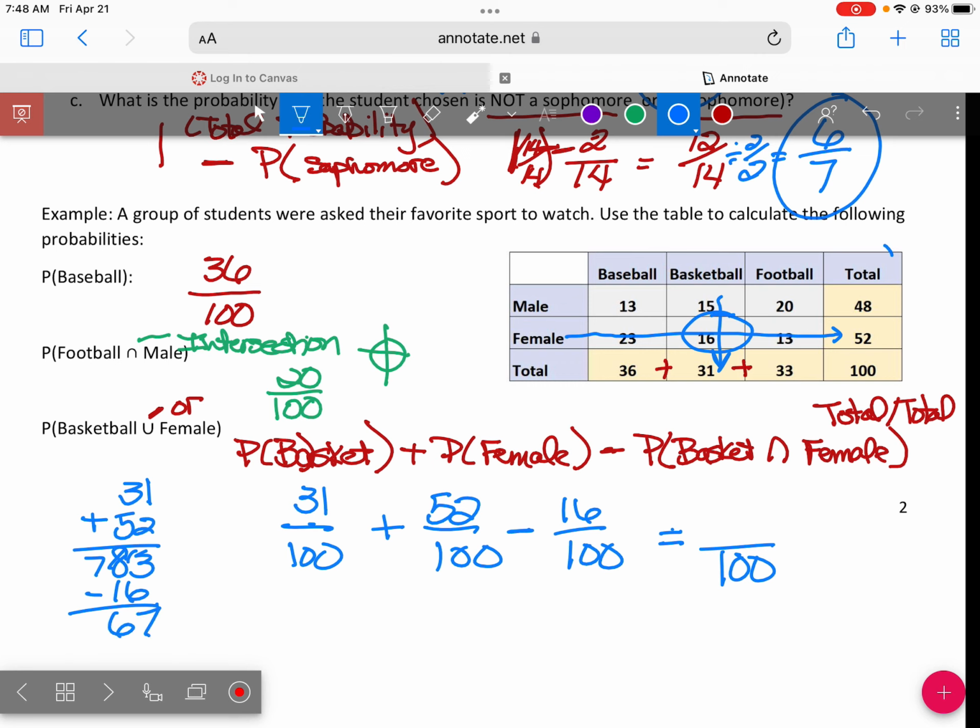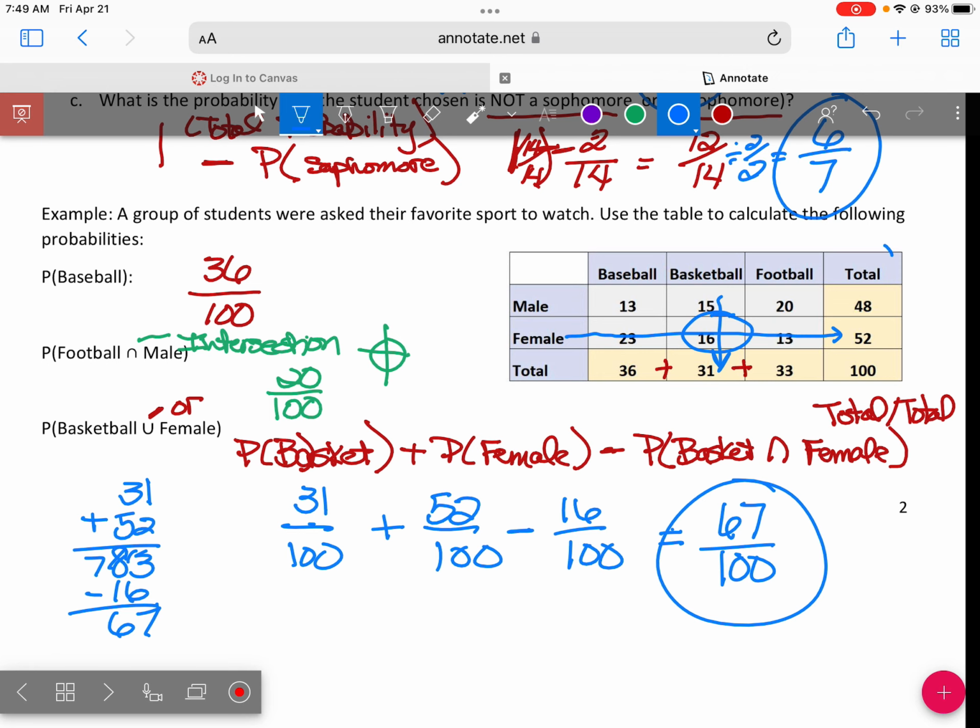So my answer is 67 out of 100. And you will see tables done a lot like this. Okay? So we really want to make sure we understand the tables. Any questions on those three?